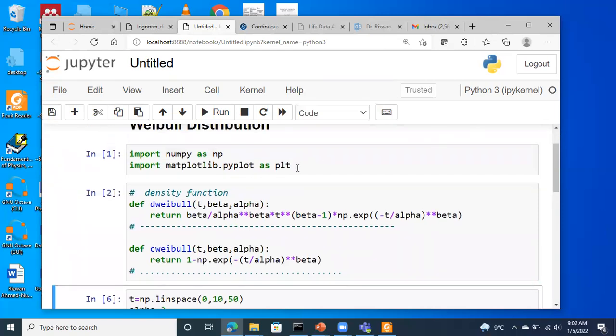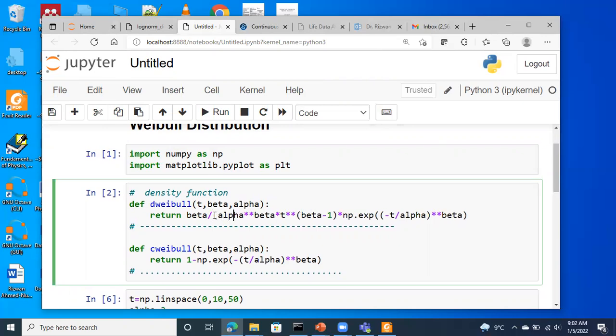Let's see the function, the density function. It was a bit tricky. Beta over alpha raised to the power beta, right? Times t, alpha raised to the power beta. Yes. So let's write it a bit more cautiously. t raised to the power beta minus 1.